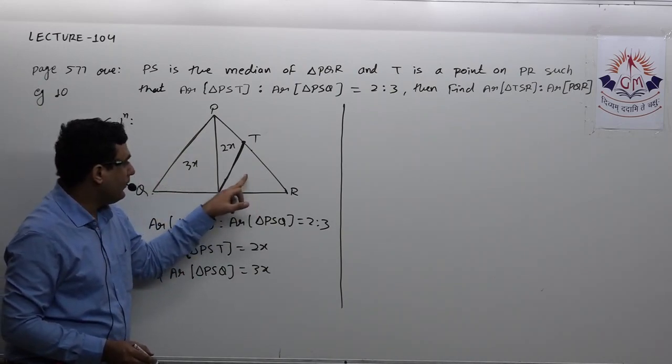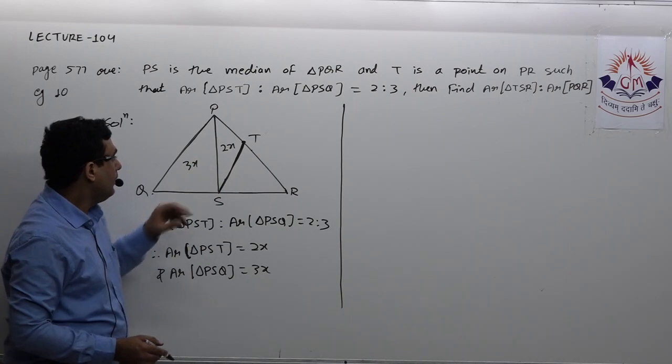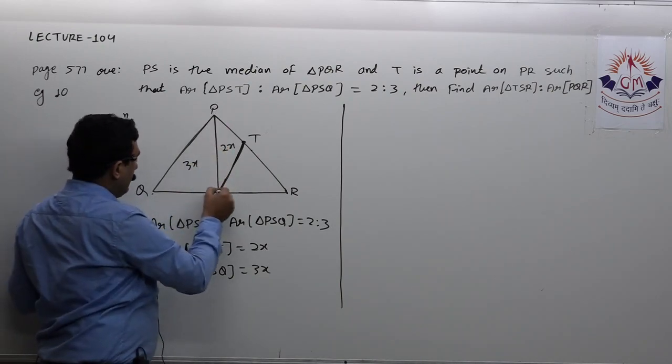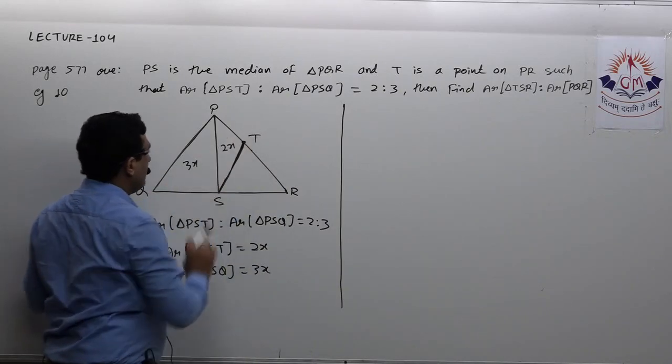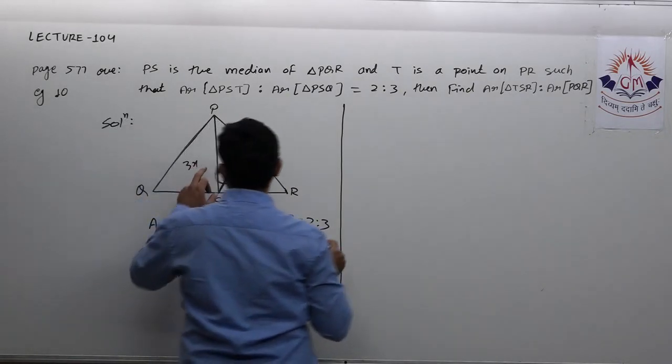Now the only thing is that we have to find the area of this triangle. Also I can say PSQ is equal to PSR, and 3x is given for that. So I will start in that way.